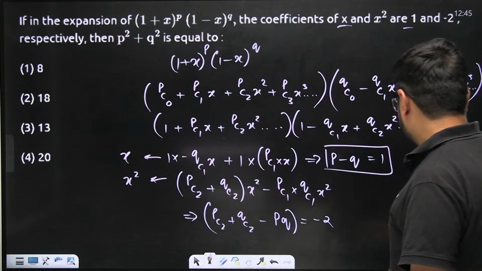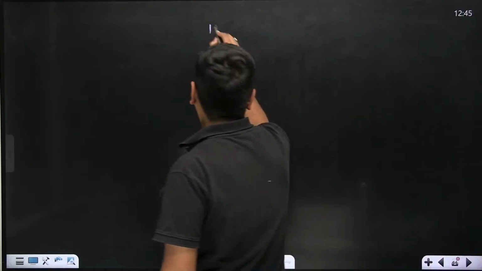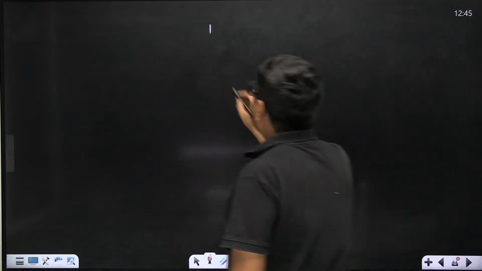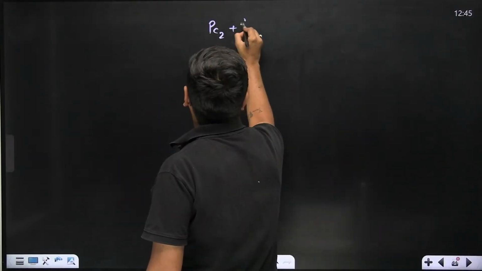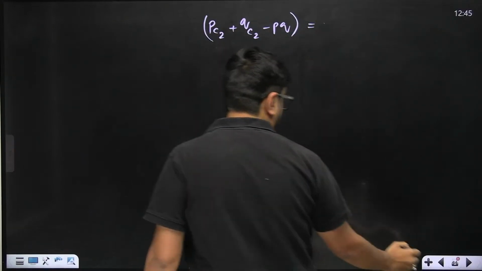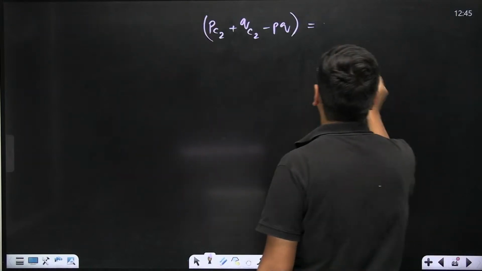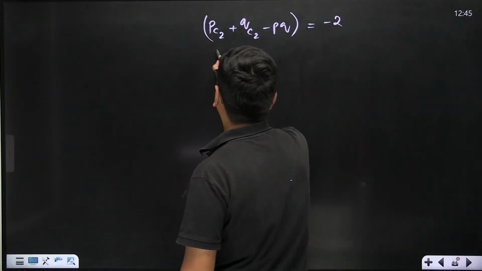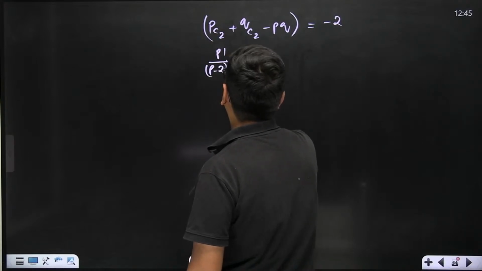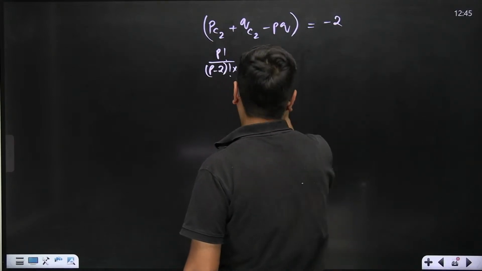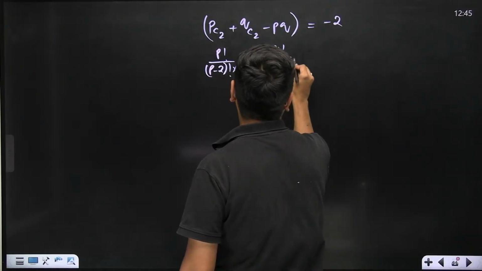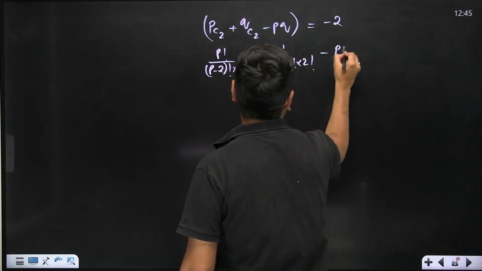Okay, so this we can solve. PC2 plus QC2 minus PQ is equal to minus 2, right? So this we can solve: P factorial divided by P minus 2 factorial multiplied with 2 factorial, plus Q factorial divided by Q minus 2 factorial multiplied with 2 factorial, minus PQ, right?